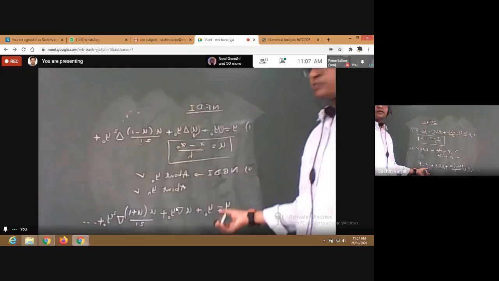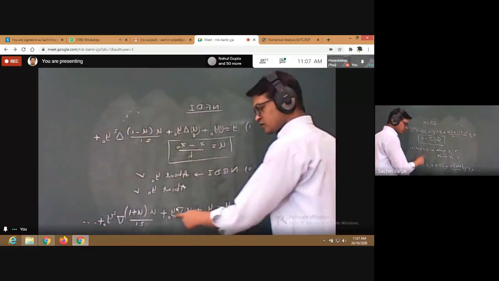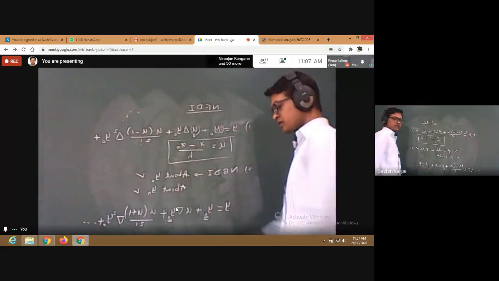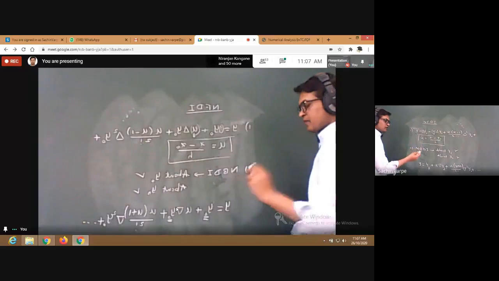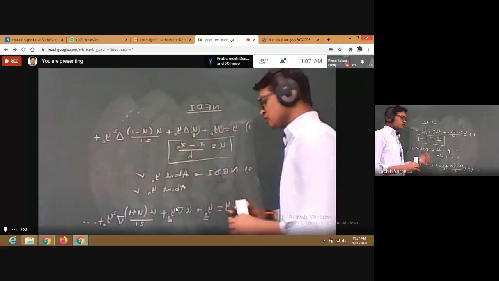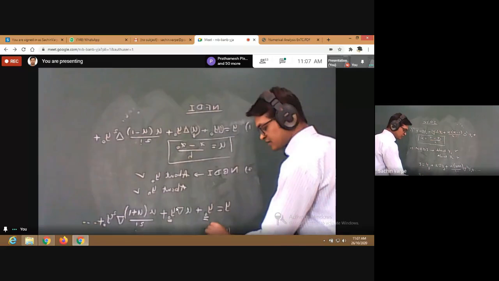So this is Newton's backward interpolation in terms of the initial observation. And if the final value is given, meaning the value given is very close to the final value, then we'll use the second formula, that is y in terms of yn.